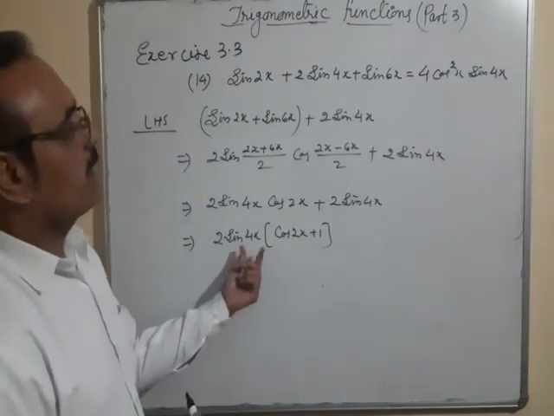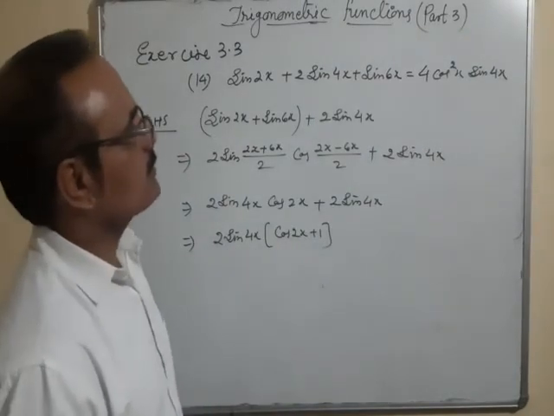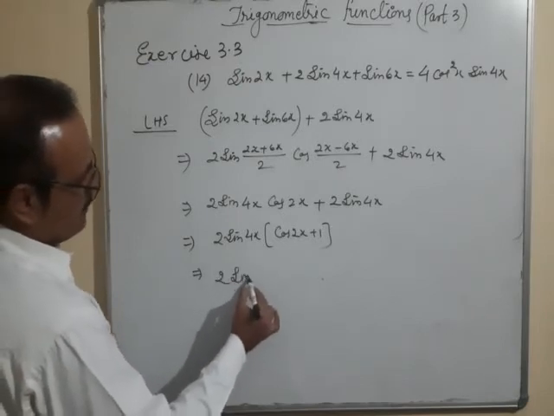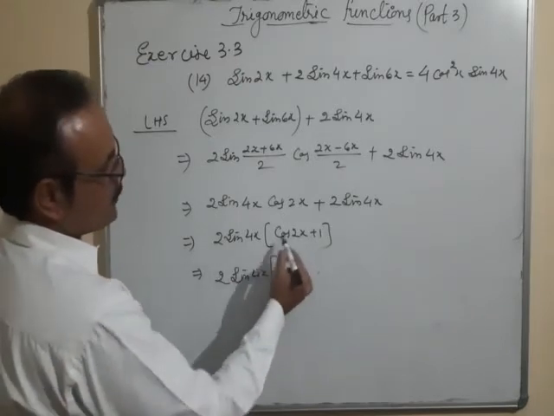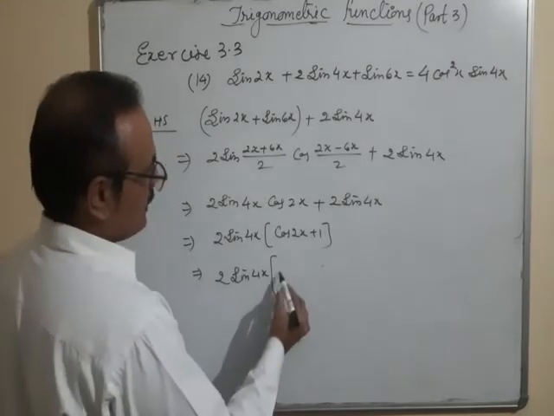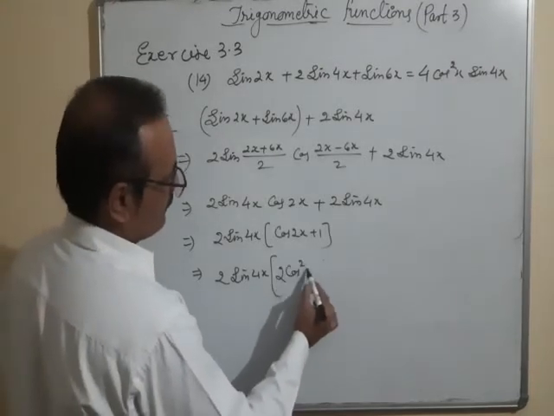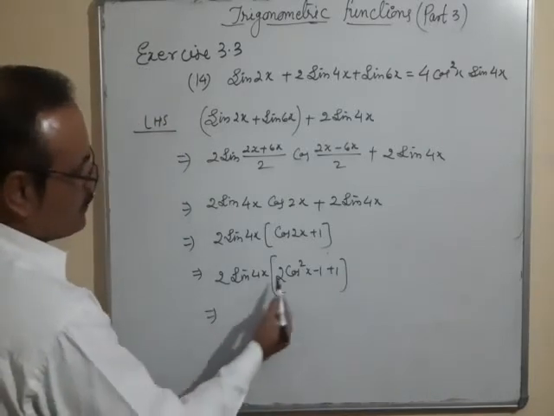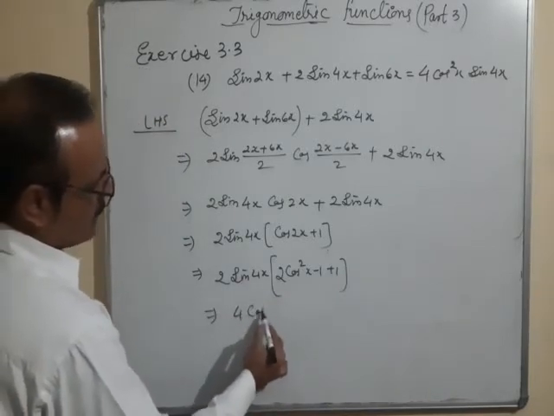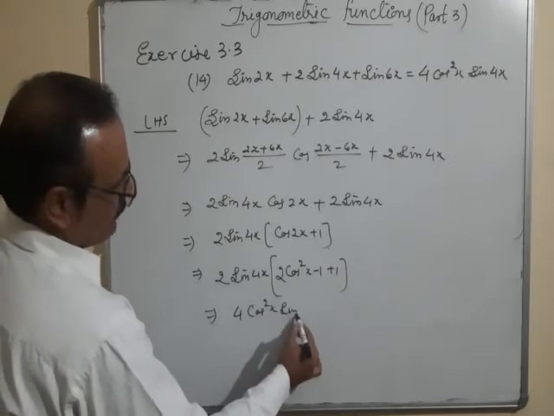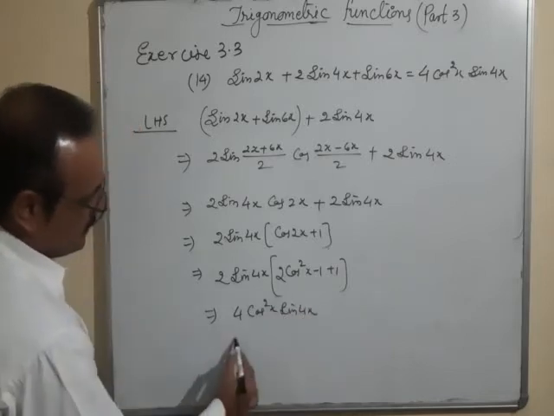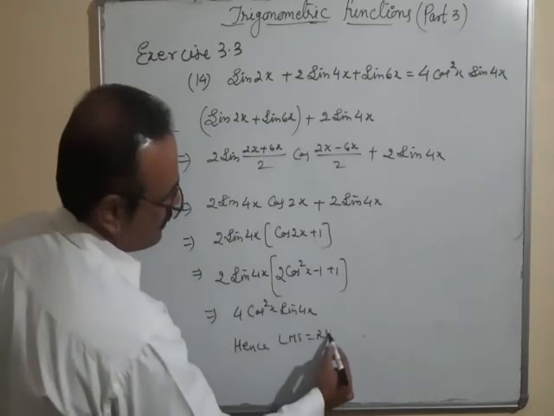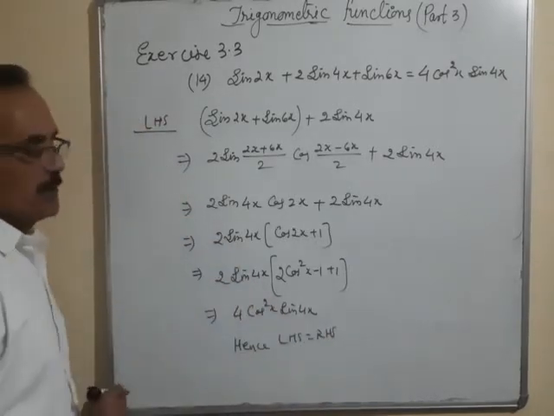So what is the indication? This cos 2x can be written as 2 cos square x minus 1, plus 1. 1 and 1 cancel. 2 and 2 make 4 cos square x into sin 4x. Okay. Hence LHS is equal to RHS. Got it?